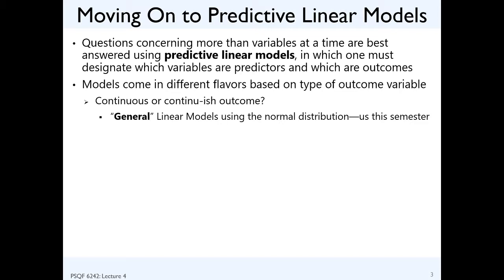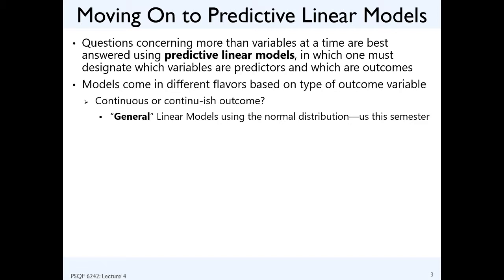So if you're dealing with an outcome variable that is quantitative, that is continuous, or what I called continue-ish, things that are quantitative that might have a boundary or so, what we're going to do is general linear models. The term general refers to quantitative outcomes. So we're predicting quantitative outcomes, and we're using the normal distribution to do so.